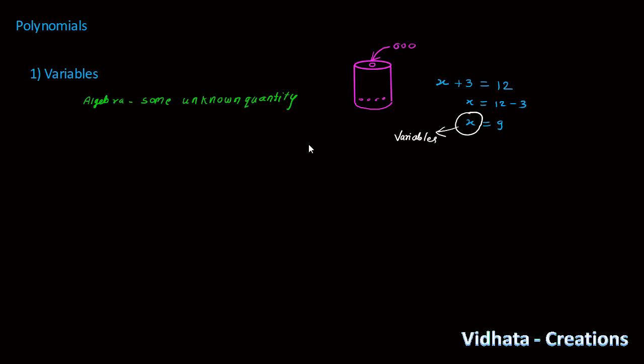Do you know the actual meaning of the word variable? The dictionary meaning of the word variable is changing. What is changing over here? Previously some coins were there, of which we got the value 9.